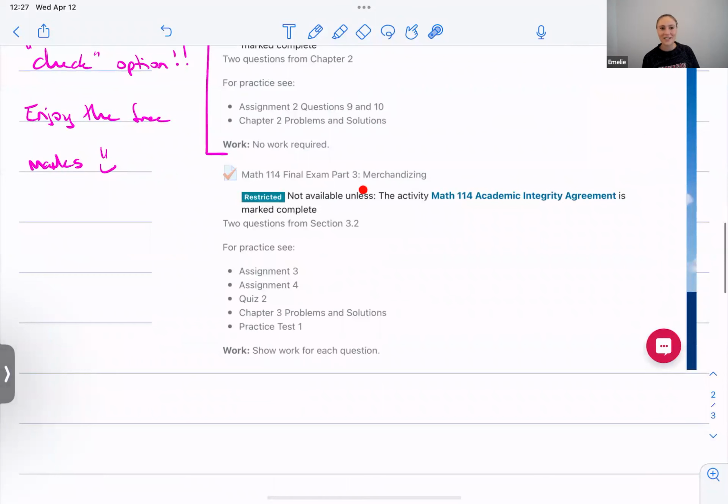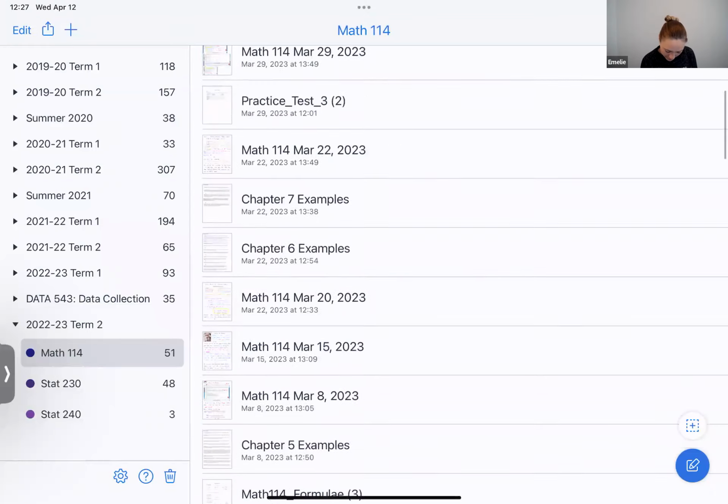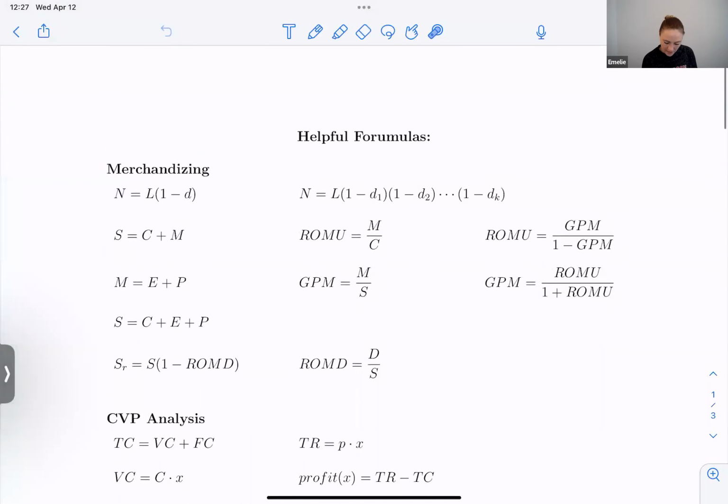Oh yeah, so now on to some real work. You're going to have some merchandising. In terms of your formula sheet, merchandising is this section at the top.